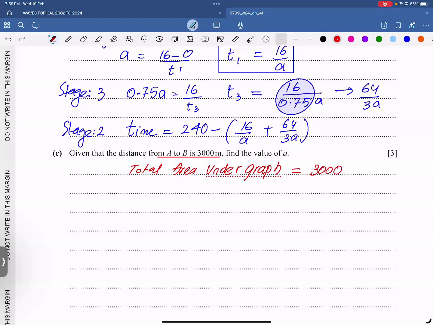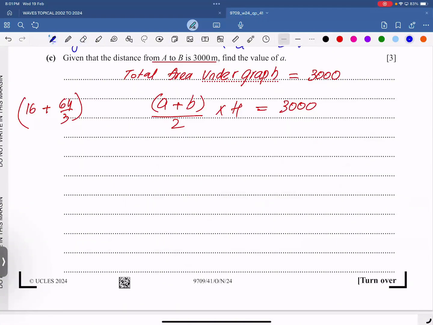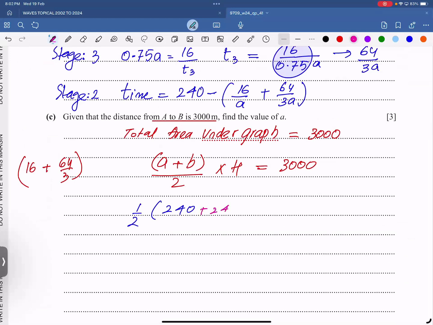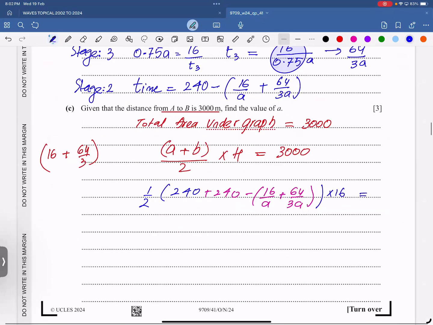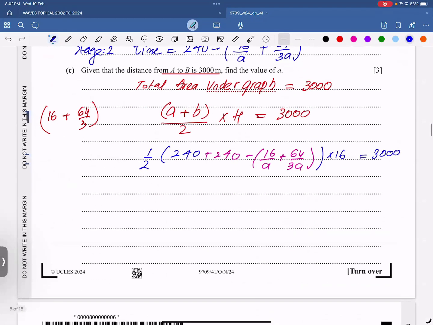Trapezium area, my dear students, you all know it is half the sum of the shorter base and the longer base times the height of the trapezium: 3000. So A is 240, B is the shorter side, which you just calculated, 240 minus 16 over A plus 64 over 3A, into the height, which is 16, equals 3000.